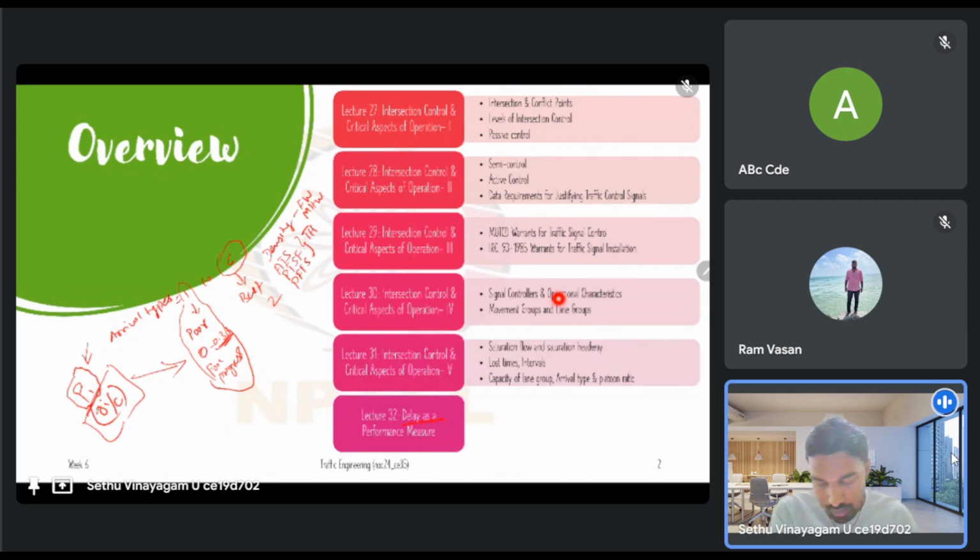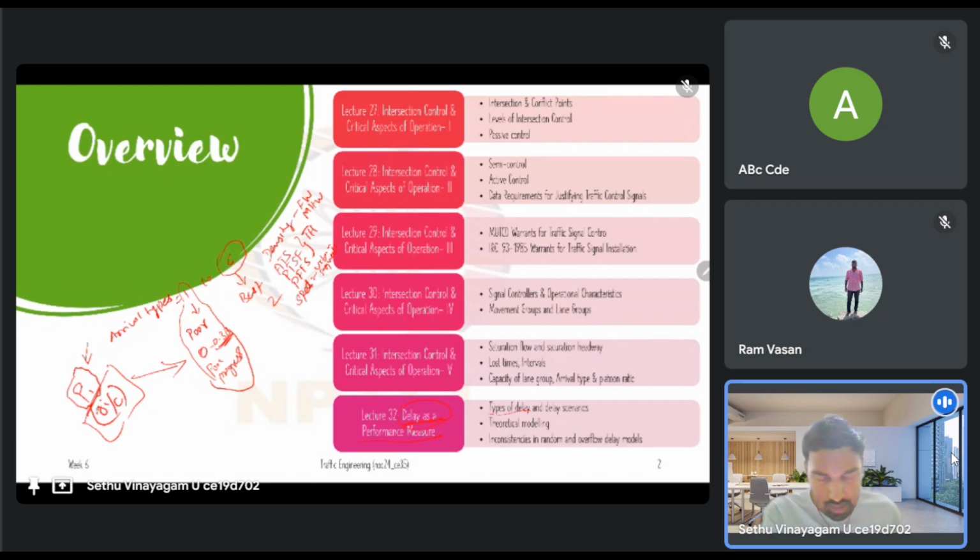And the speed was used for urban segments. Depending on the facility, we had different measures of the level of service. For signalized intersections, we have delay as a performance measure.